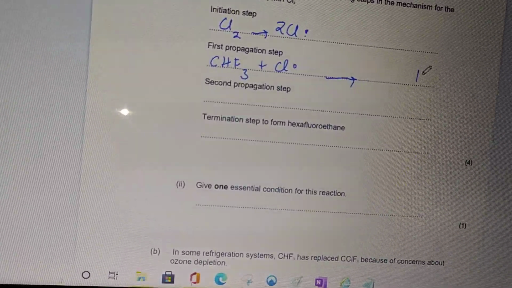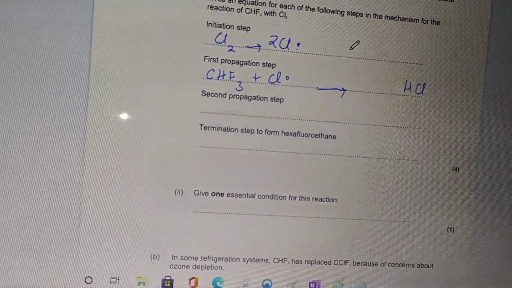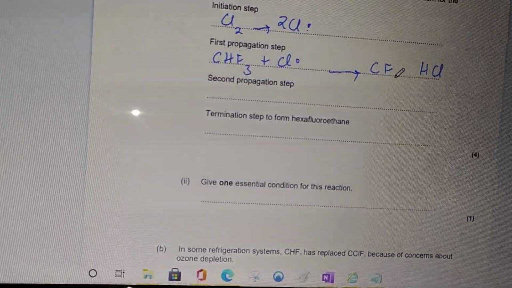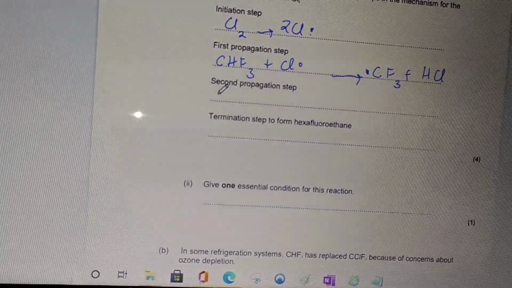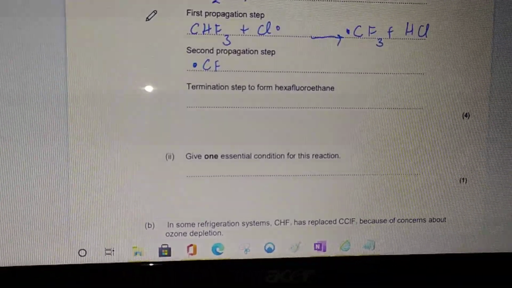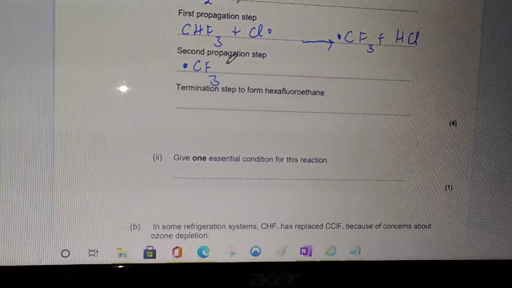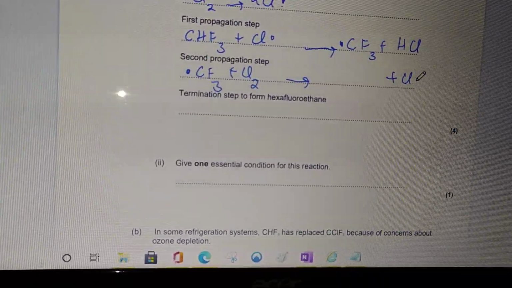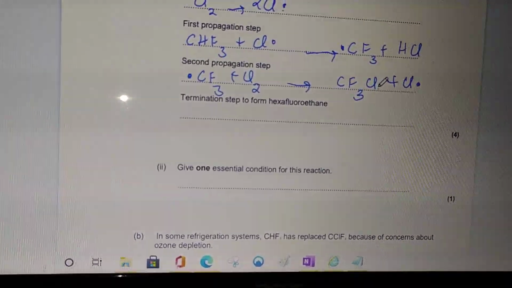We know CF3 will react with our chlorine gas to form this molecule.